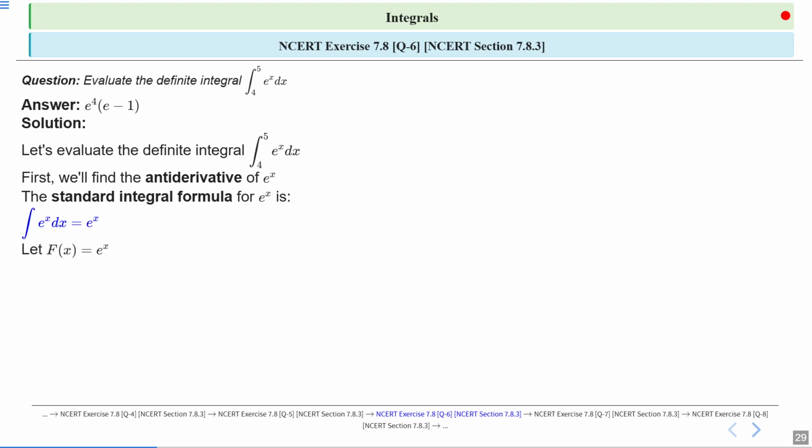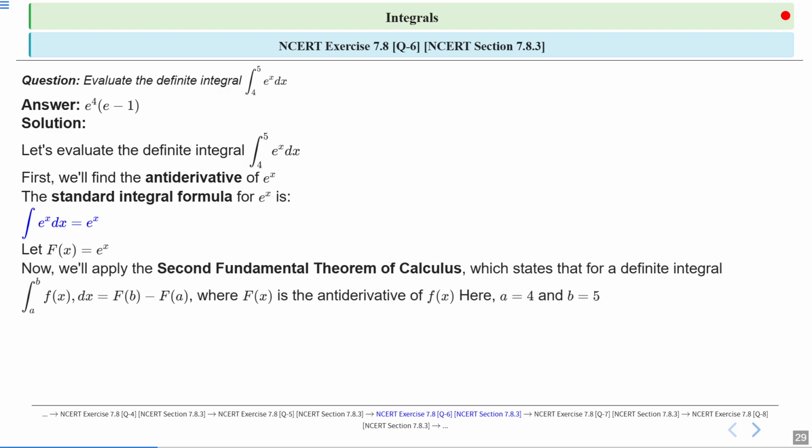Let capital F(x), so F(x) is equal to e^x. Now we apply the second fundamental theorem to calculate the definite integral. So we evaluate the antiderivative at point 4 and at point 5, we get I is equal to f at 5 minus f at 4.